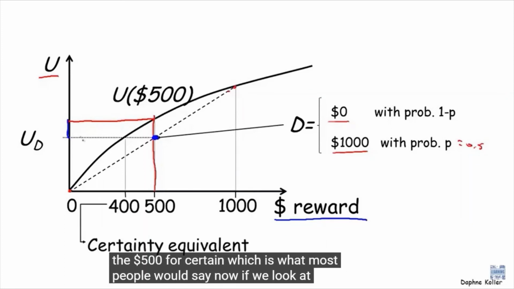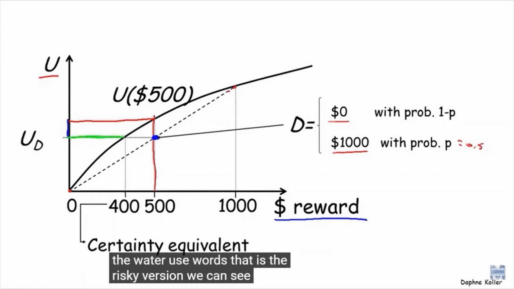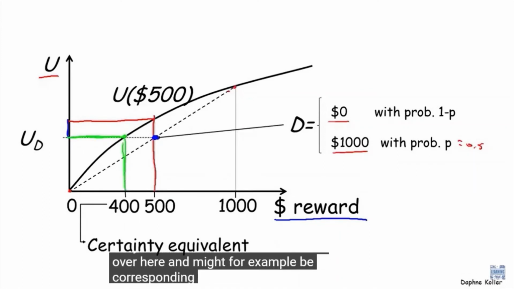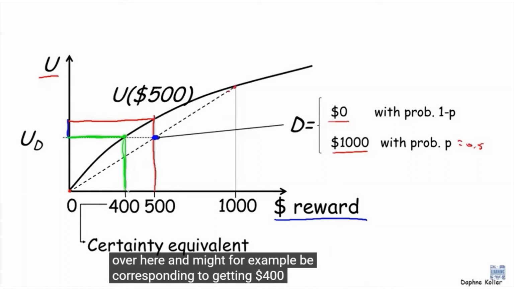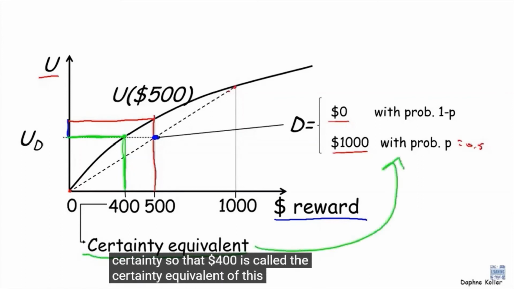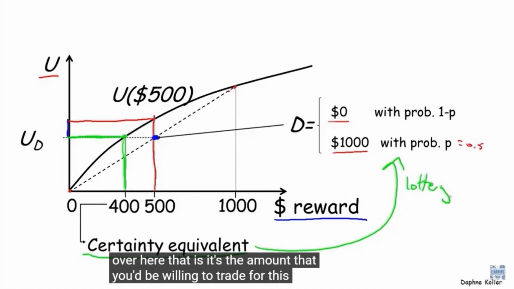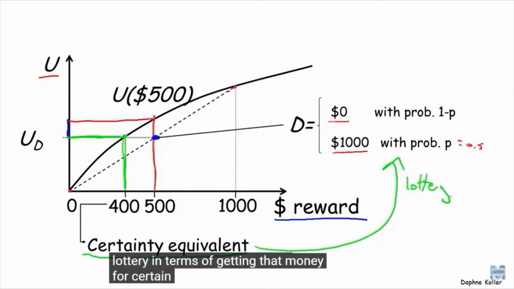Now, if we look at what the lottery is worth, that is the risky version, we can see that that sits over here and might, for example, correspond to getting $400 with certainty. So that $400 is called the certainty equivalent of this lottery. That is, it's the amount that you'd be willing to trade for this lottery in terms of getting that money for certain.